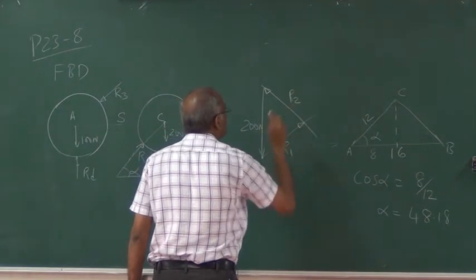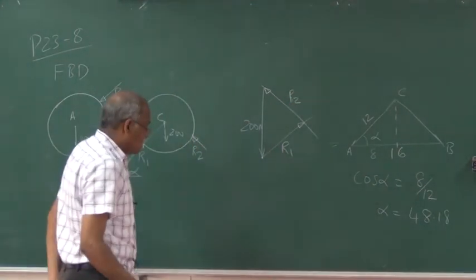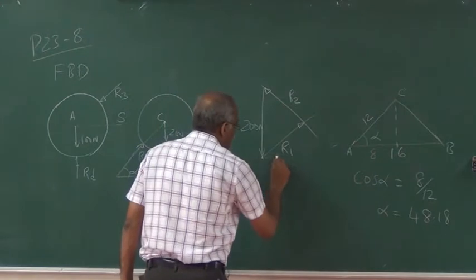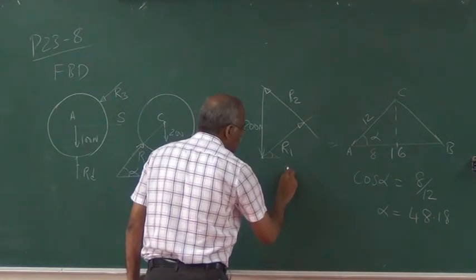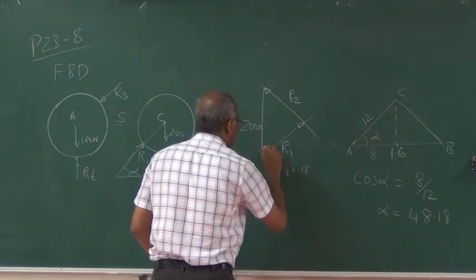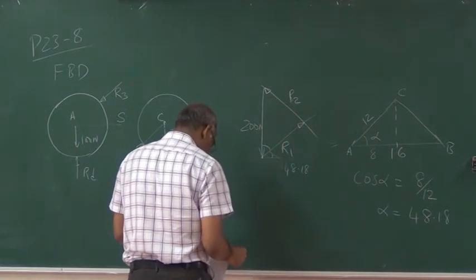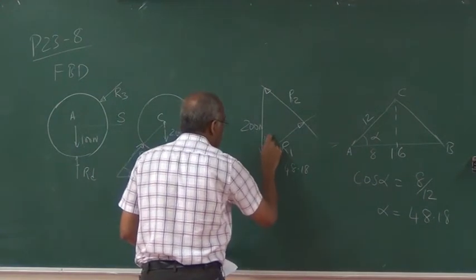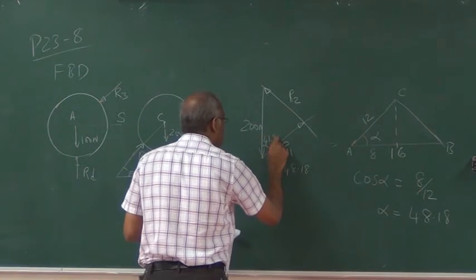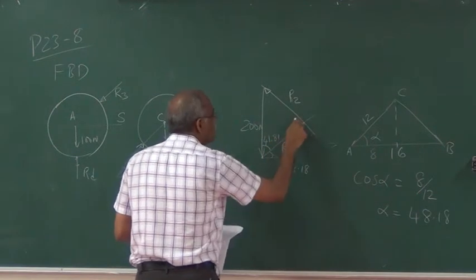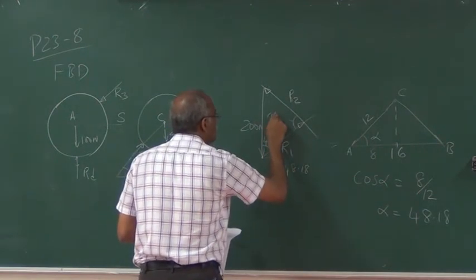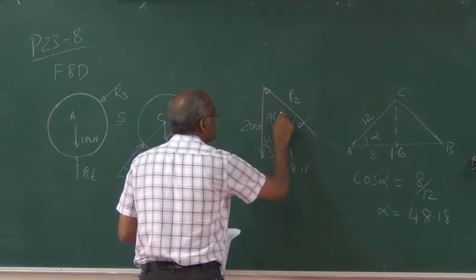This is going to be R2. So this angle, what it makes with the horizontal is 48.18. So I can find out the other angles, that is 41.81, and this angle is going to be 96.38.